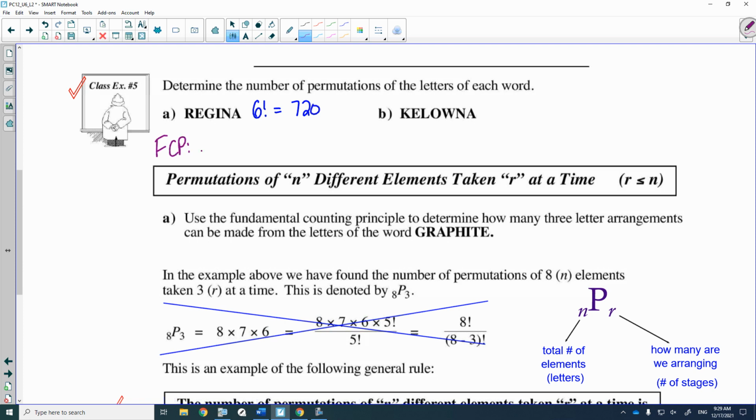So Regina, again, has 6 letters, so that would be represented by 6 stages. The number of choices that I could put in that first stage is 6, after I've placed a letter 5, 4, 3, 2, and 1. Kelowna has 7 letters, so that would be 7 factorial. And the number of different arrangements or permutations that I would have would be 5,040.